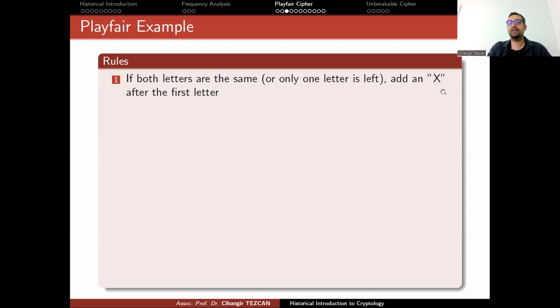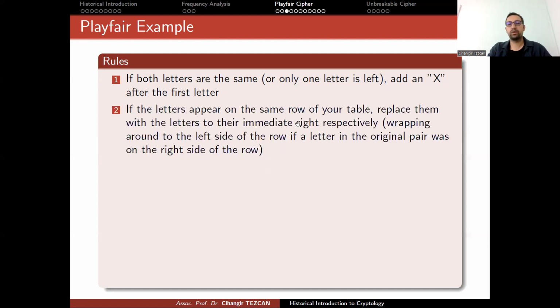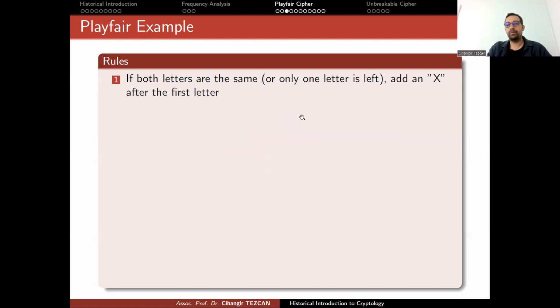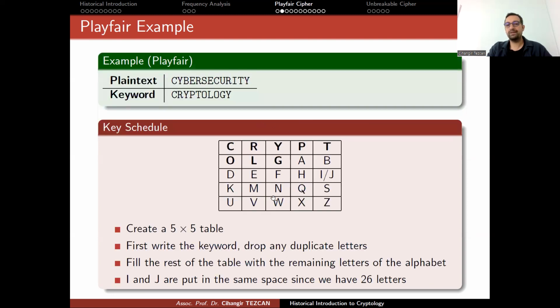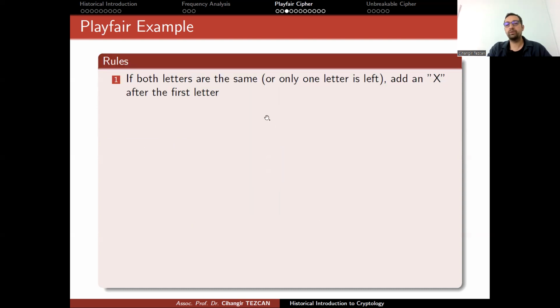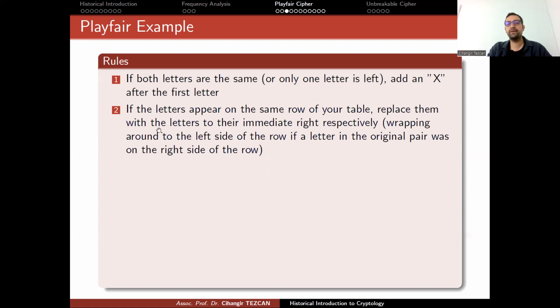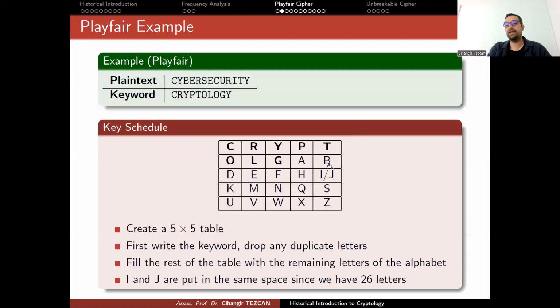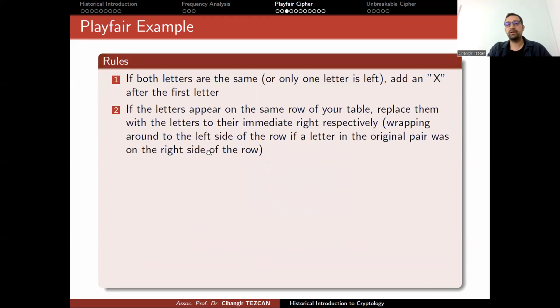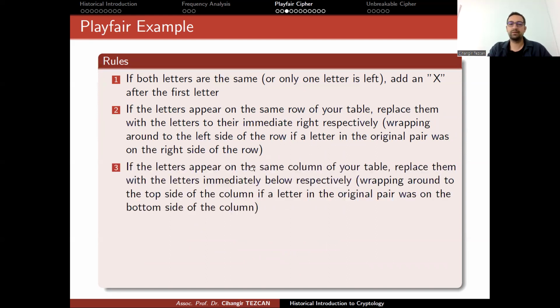In those scenarios, you add an extra X. During the encryption, if the letters appear on the same row of this table, you replace them with the letters to their immediate right respectively. If they are at the ends, you have to consider it cyclic, so you come back, wrapping around the left side of the row if a letter in the original pair was on the right side of the row. This is what it meant.